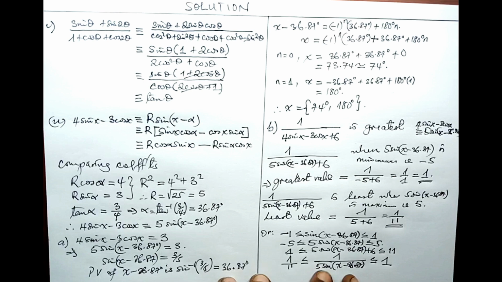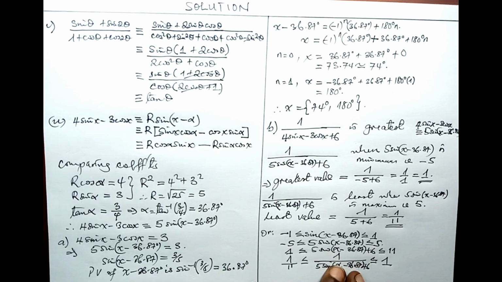In this form now, whatever value is here is my minimum value of the expression in the middle, and whatever value is here is my maximum value. And you can see it's already what we're looking for.